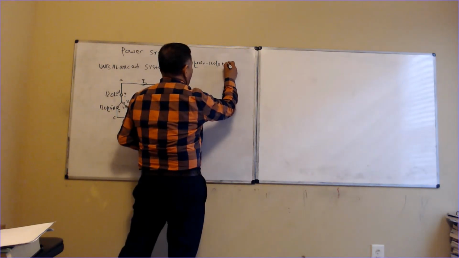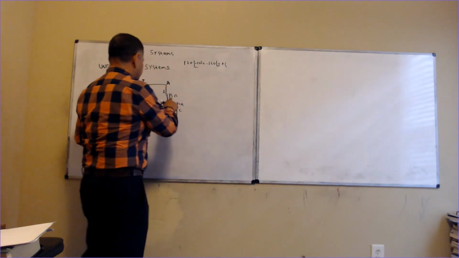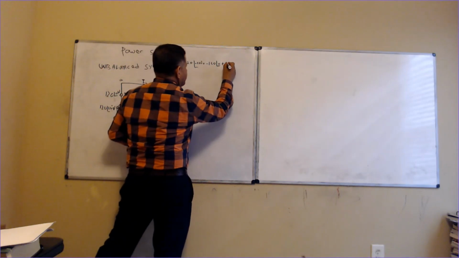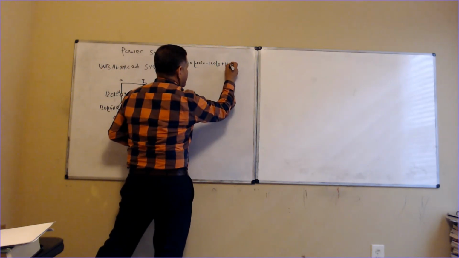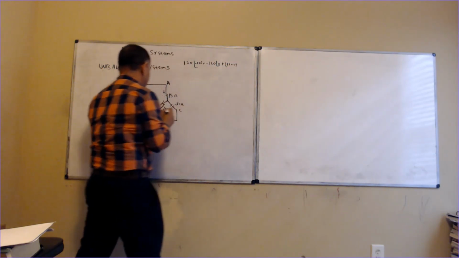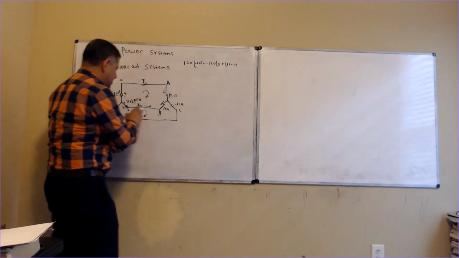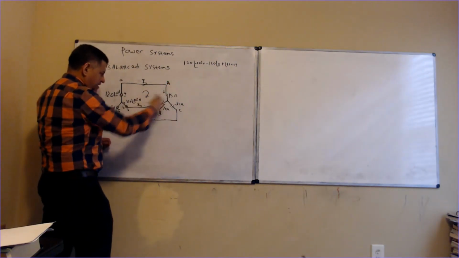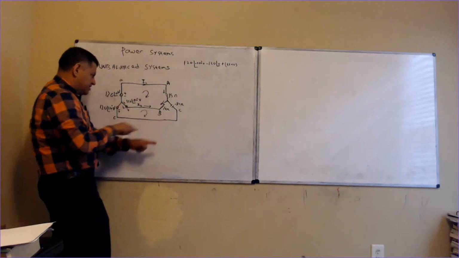This resistor also belongs to IB, because IB is going in that direction. So I get plus j5 plus 10, and minus, because this current is going in this direction and that one in the other direction, they are positive to each other.